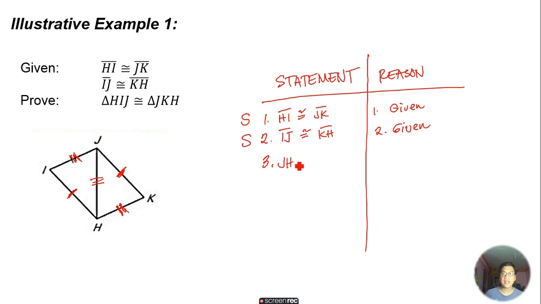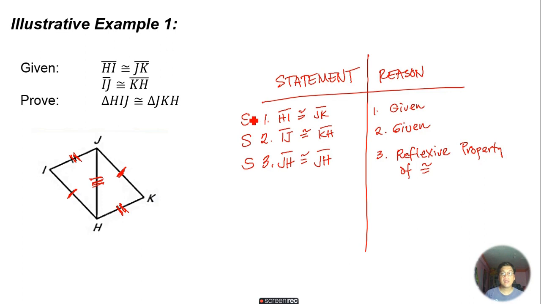JH is congruent to JH. Three tick marks. This is still a side. So what is the reason? The reason for saying that JH is congruent to JH is the reflexive property of congruence, or simply the reflexive property.